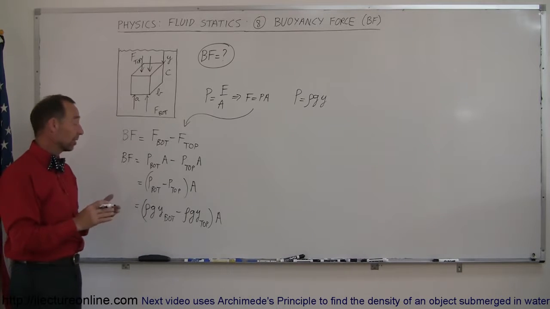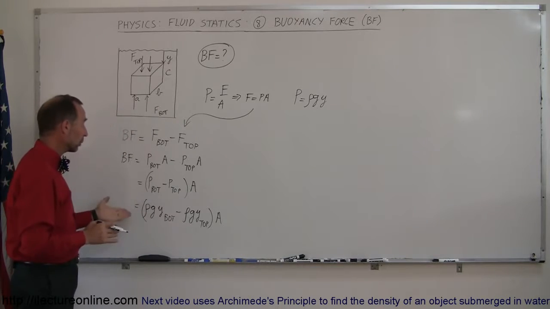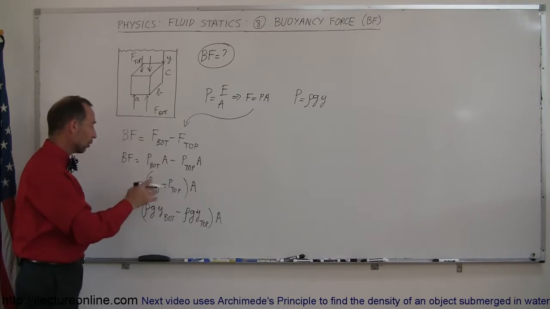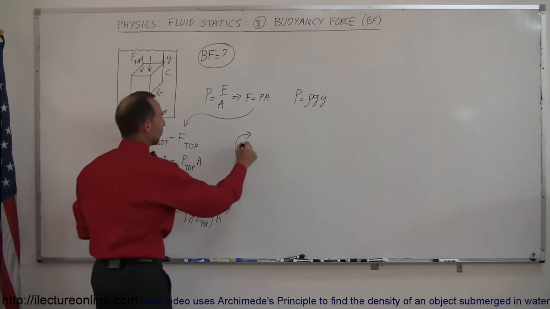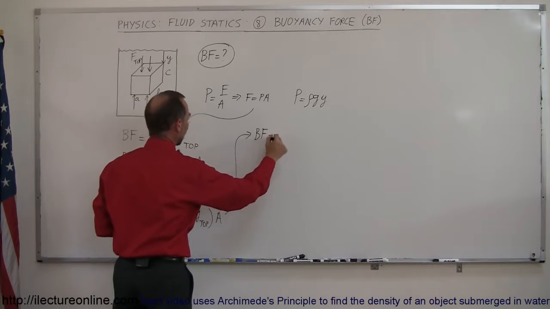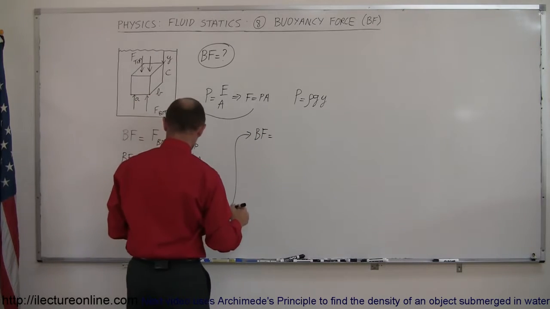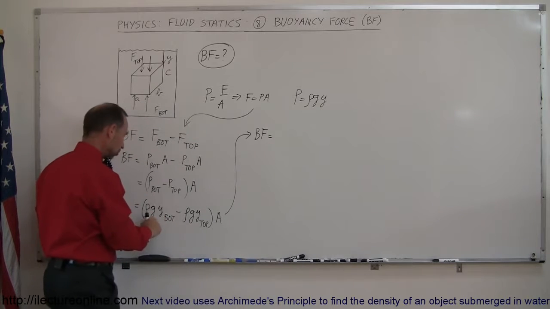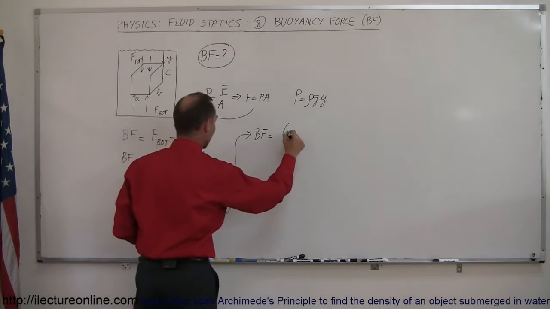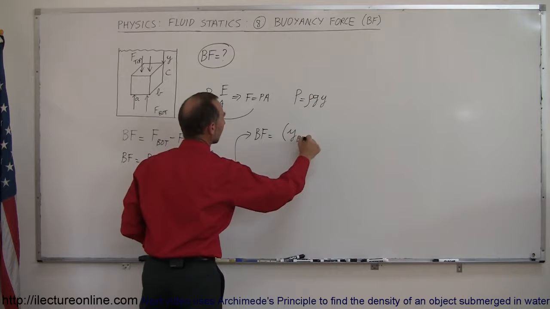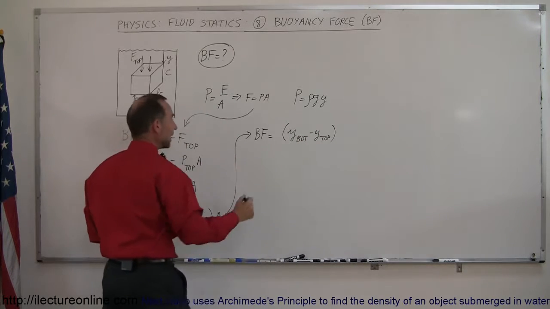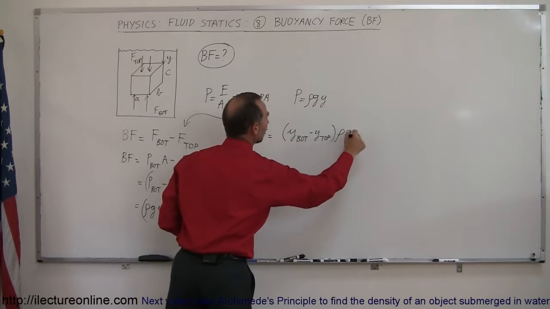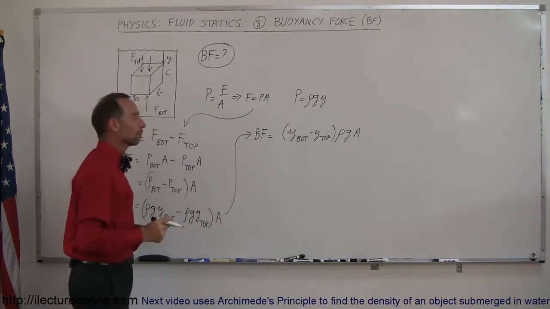In either case, rho is the density of the liquid, which is the same for both top and bottom. g is a constant, so I can also take that outside the parentheses. So the buoyancy force becomes y at the bottom minus y at the top, times rho g A, the cross-sectional area.